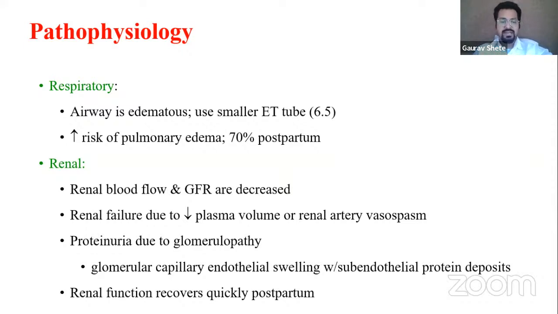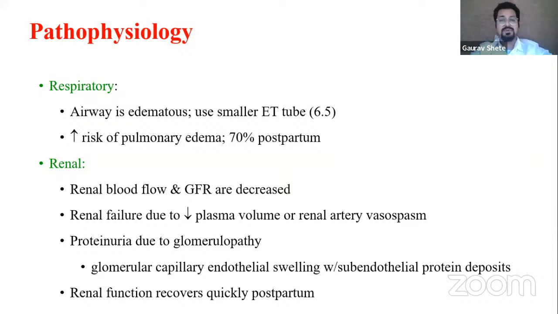Okay, in renal, there is a decrease in renal blood flow. GFR is decreased. Renal failure may be due to decrease in plasma volume and renal artery vasospasm. Proteinuria is there. A lot of proteins are lost. So once a lot of proteins are getting out of the body, there is less protein in the intravascular compartment, because of which there is a shift of fluid to the extracellular compartment.